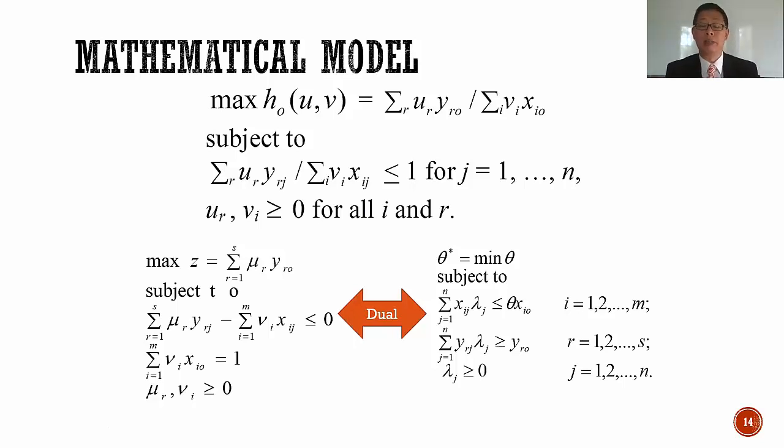The use of ratio measures can be a problem. However, in the original ratio model, even in the multiplier model, there are no convexity assumptions. So I think that's why you still can use the ratio measures in the model.